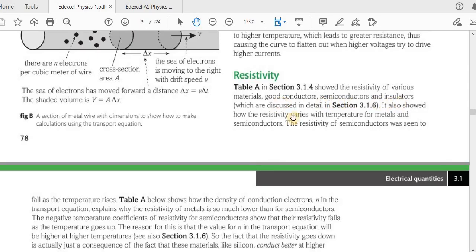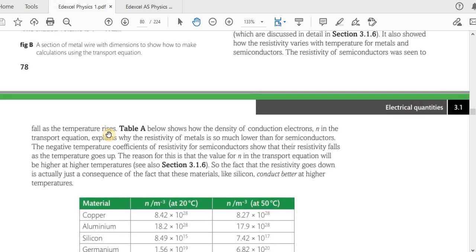Good conductors, semiconductors and insulators are discussed in detail in section 3.1.6, which is the next section. It also showed how the resistivity varies with temperature for metals and semiconductors. Remember, when you heat a semiconductor, it releases more free electrons. The resistivity of semiconductors was seen to fall as the temperature rises, because it releases more free electrons, so the resistivity decreases.